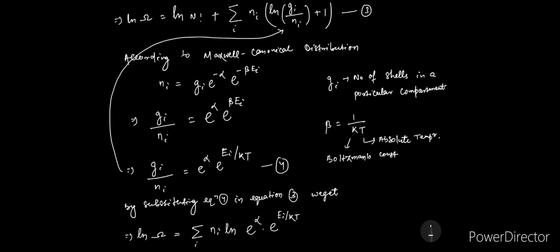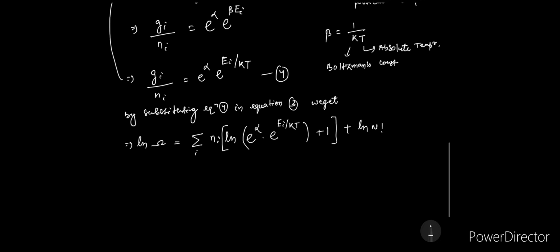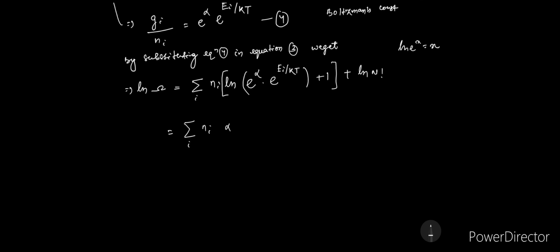Then put it in bracket plus 1 and put here another bracket plus ln n factorial. This is the final value. Now here ln e to the power something, so if we take ln e to the power x, then it will be x. So according to this formula, summation of i ni alpha plus ei by kT plus 1. And if we remove the bracket, then it will make no difference. So let's remove this bracket.